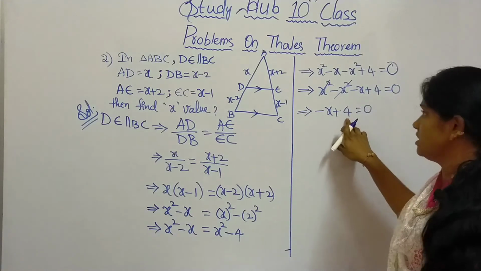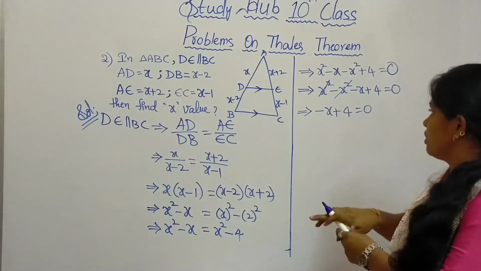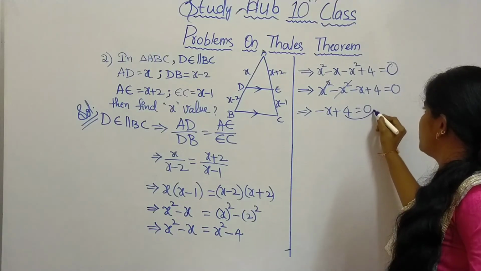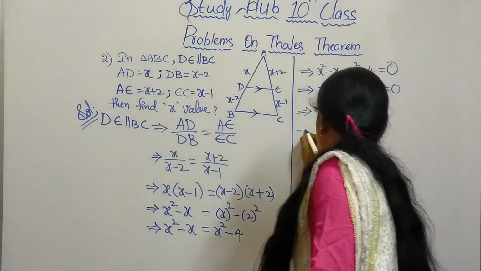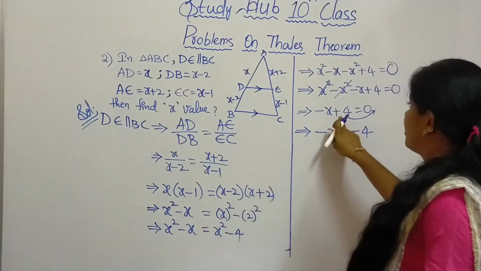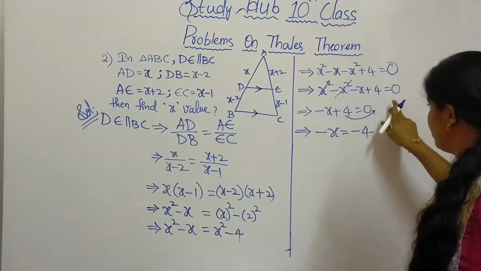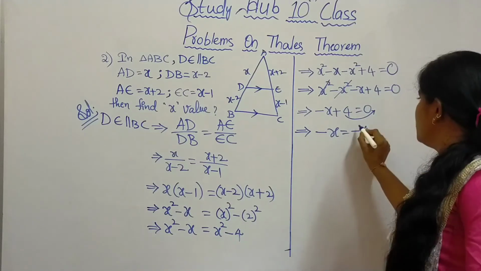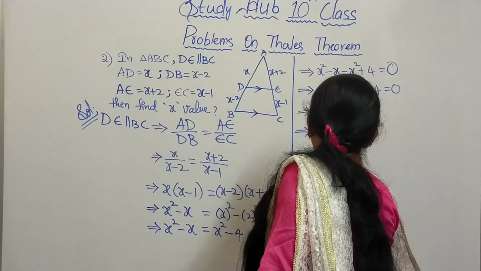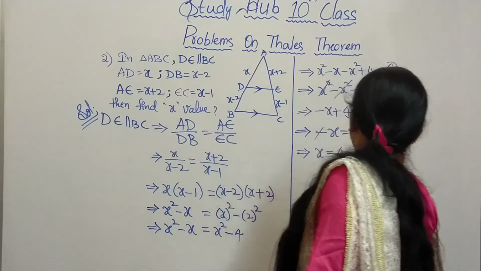Our intention is to find the value of x, so we don't need the 4 in the LHS. Transpose this plus 4 to the RHS. Then we get minus x is equal to minus 4, because it was positive and when transposed it becomes negative. Minus on both sides cancels. Then x is equal to 4.